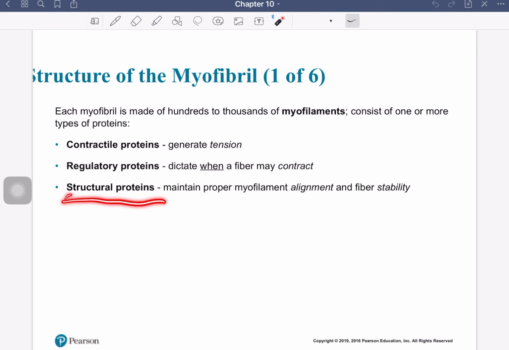And then we have structural proteins that help to make sure that the myofibrils stay in the proper alignment and that the fiber has the right stability, because these fibers have to be in the correct orientation for them to interact with each other and to slide by. So actin and myosin actually slide by each other when I'm generating a tension, and that's something that we're going to call the sliding filament theory.